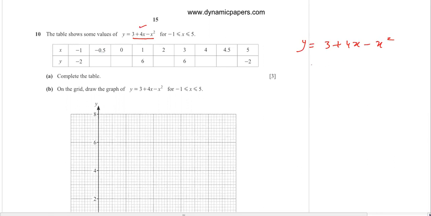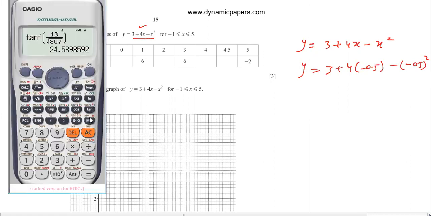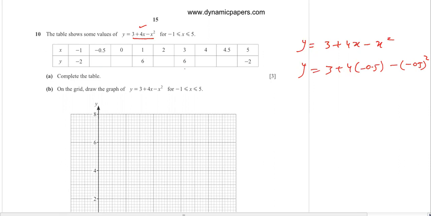Put it in and see what you get: 3 plus 4 into minus 0.5 minus 0.5 square. Calculate this one. So it will make 0.75.